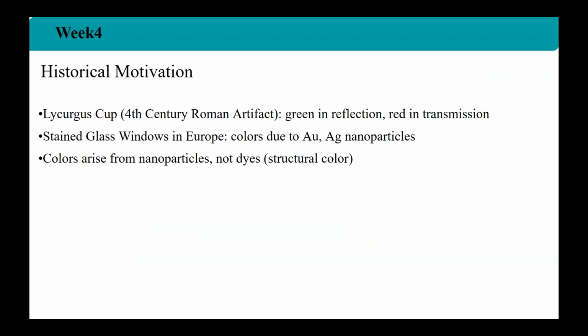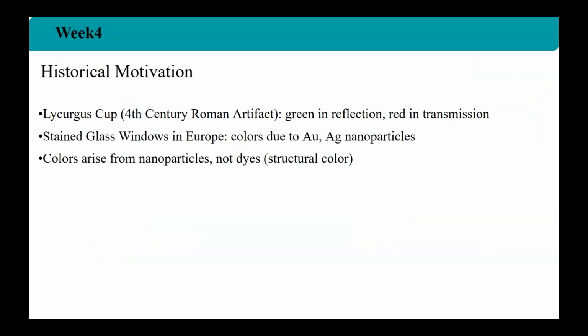You will see that in the reflection mode the color is green, whereas in transmission mode it is reddish. Since the red color is shown in the transmission mode, suppose you have some light source inside the cup and you pass the light through the cup and observe outside the glass, then it will appear reddish in color.